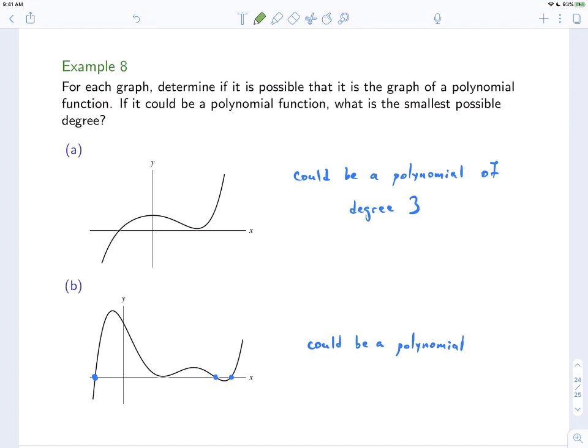If we look at the turning points, there's one there, one there, one there, and one there. There are 4 turning points, so that means the degree has to be at least 5. Could be a polynomial of degree greater than or equal to 5. But it certainly has to be an odd degree for this polynomial.